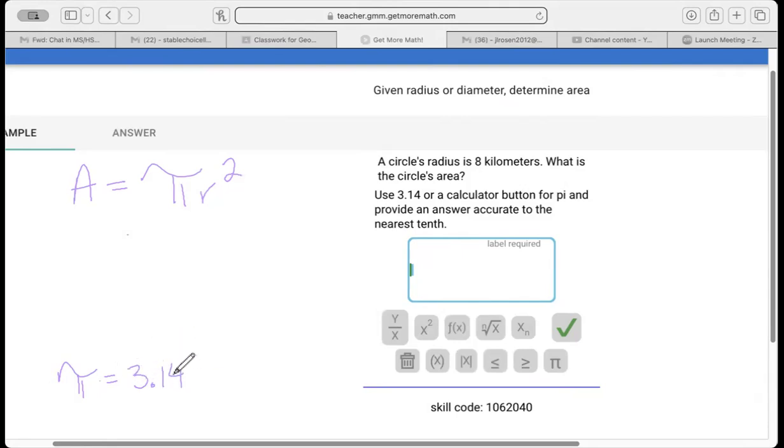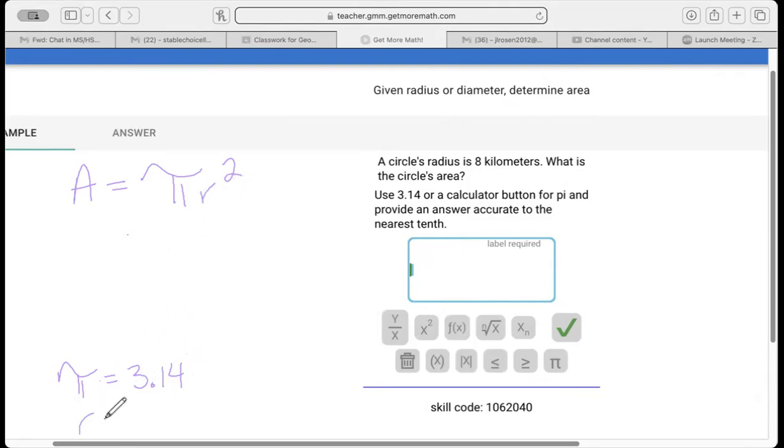I tend to just use 3.14 because I'm 90% of the time on my phone calculator and it's just a little bit easier. If you are on an iPhone, you can always switch it to scientific. And let me see if it's on there. Yeah, it does have a pi button right before the division sign on the scientific one on your iPhone.